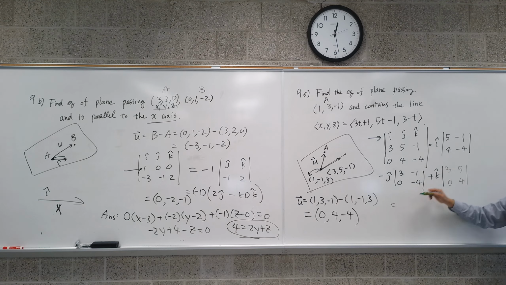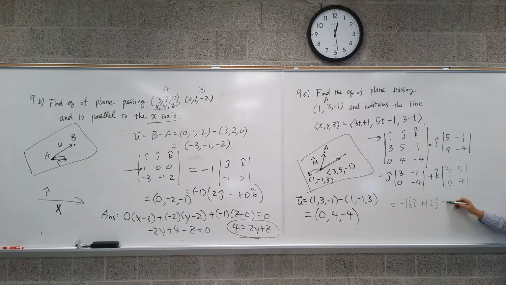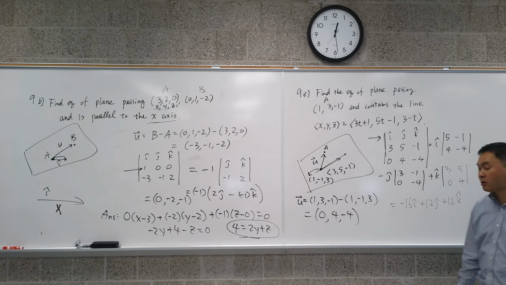Okay, so let's see what we get. You get -20 plus 4, so it's going to be -16i. This will be -12 minus 0, but there's another negative, so it'll be plus 12j. This will be plus 12k. So that's going to be your normal vector. A is -16, B is 12, C is 12.